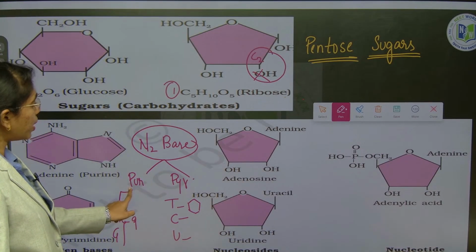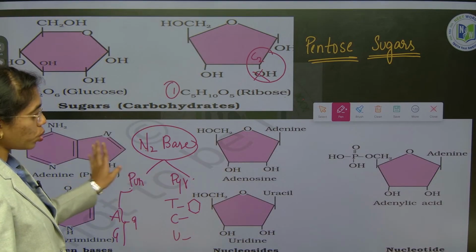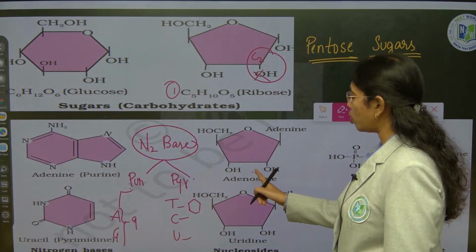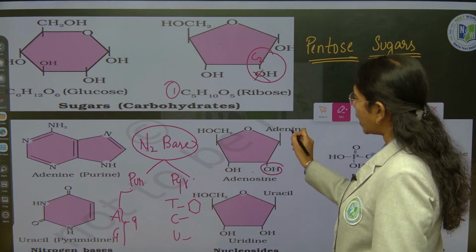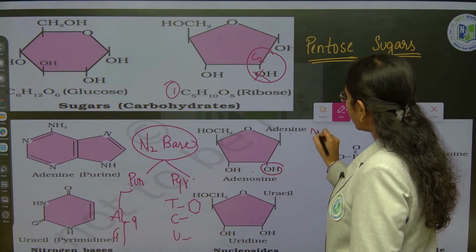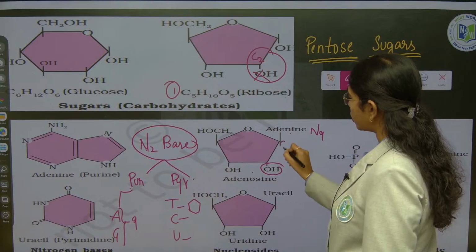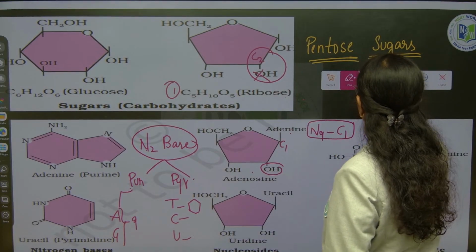So, if pyrimidine nitrogen base is adjoining with the sugar, okay, adenosine which is ribose sugar, right. Ribose sugar is having OH group over here, adenine is binding. Purine is binded to sugar where N9 of purine is binded to C1 of the carbon by what bond?